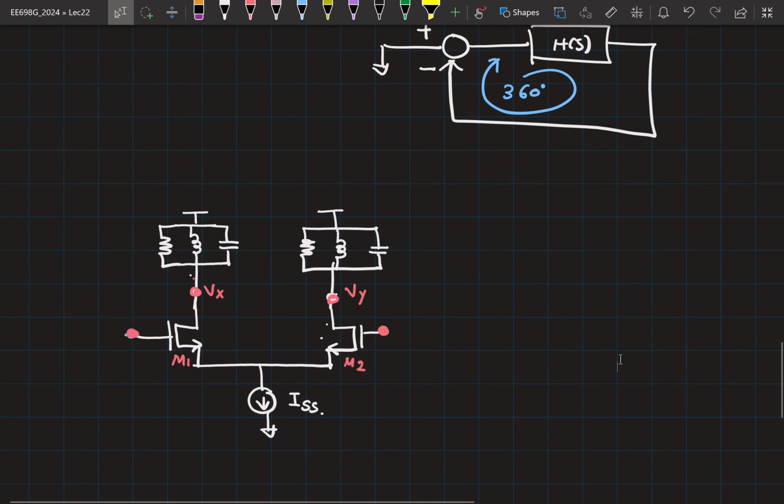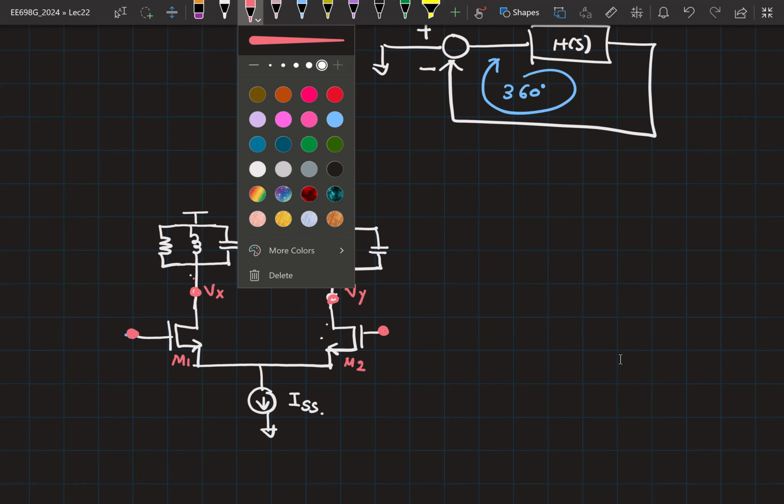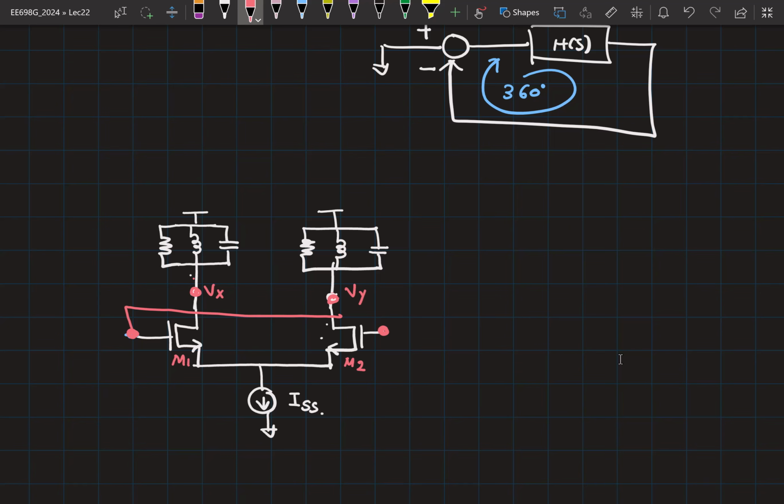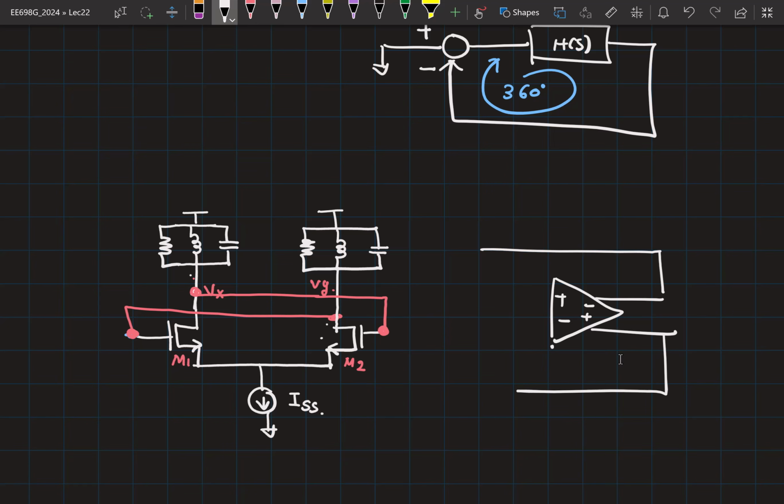So now I connect it the other way. I take the input from M1 and connect it to Vy. I take it from Vx and I connect it here. So now I crisscross the outputs like this and then connect it.